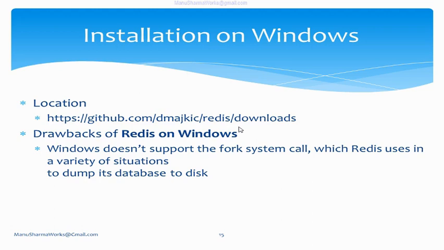If you have 32-bit, use the 32-bit one. It has different executables. One executable is the Redis server, so you can open the Redis server on one command line interface and the Redis client on another, and then connect to the Redis server on Windows.